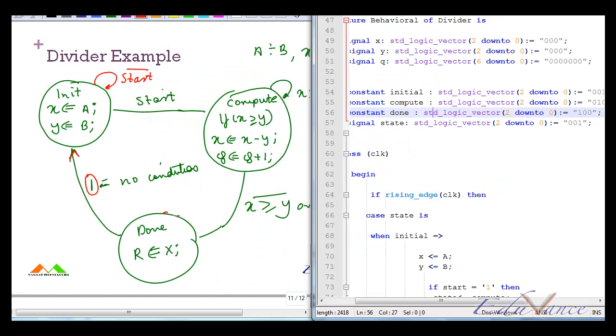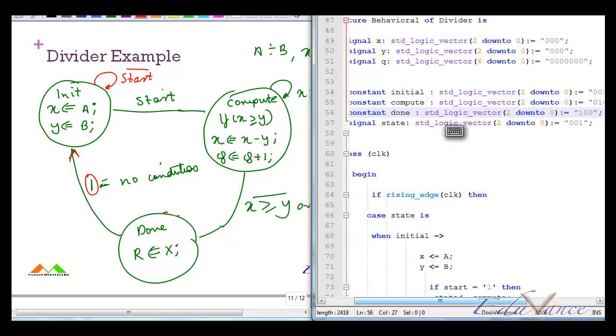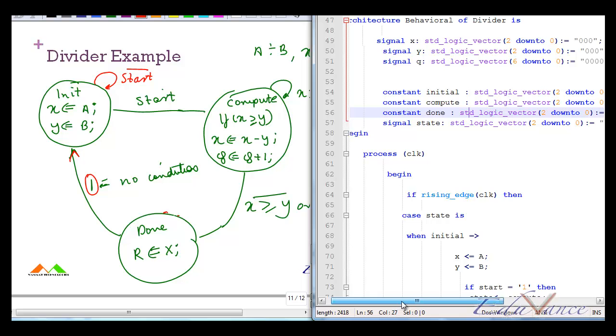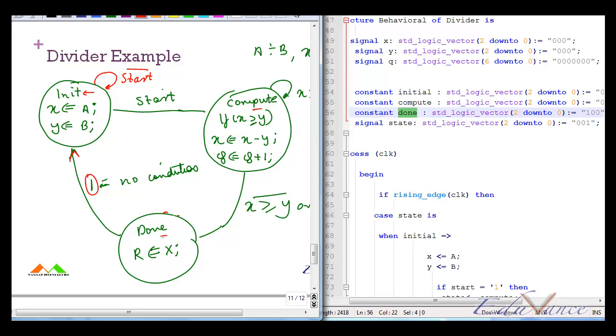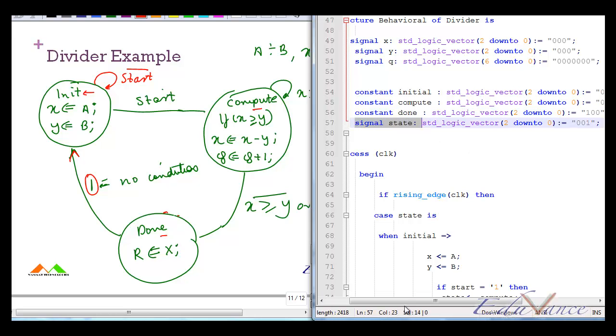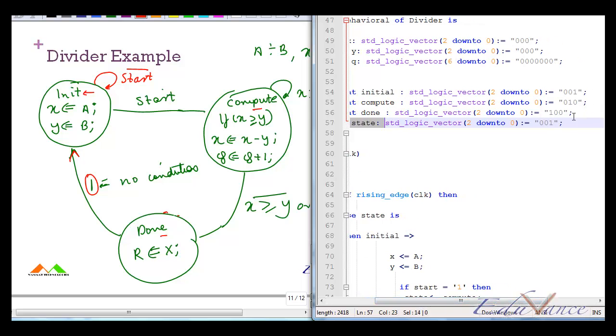So just for the user's convenience, I have put this in 2 separate windows next to each other, and I would like to explain how this VHDL code works.